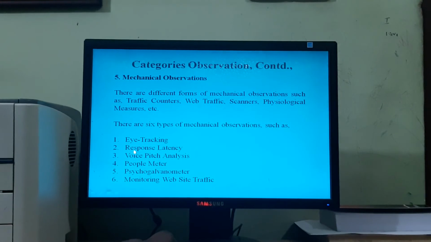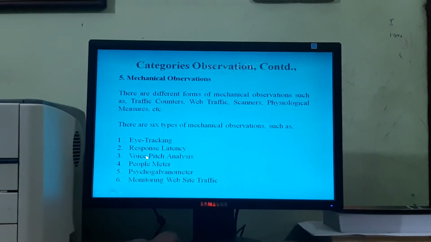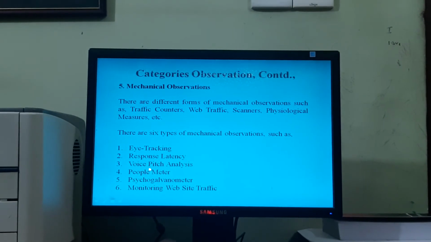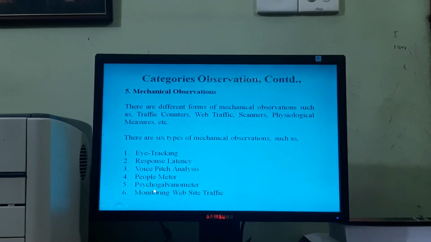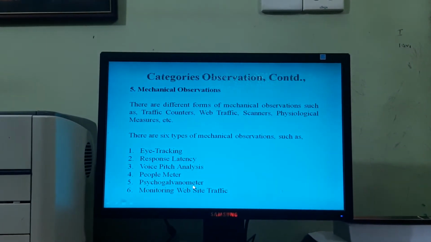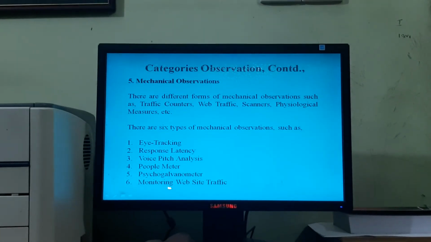There are 6 types of mechanical observation, such as eye tracking, response latency, voice pitch analysis, people meter, psychogalvanometer, and monitoring website traffic. When a human being observes the behavior of people, then it is called human observation.